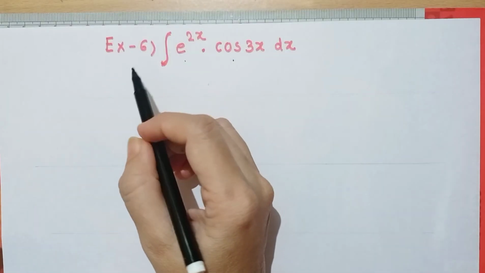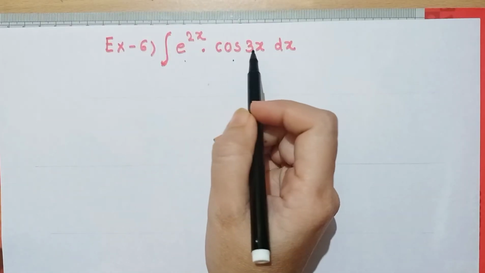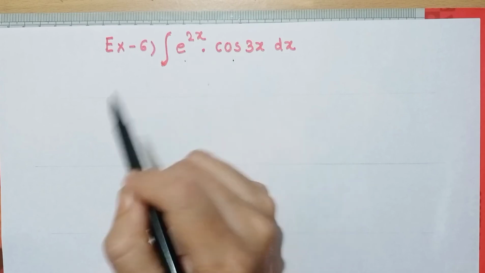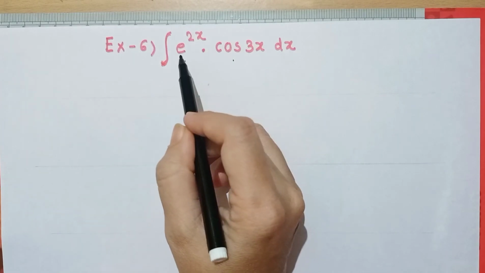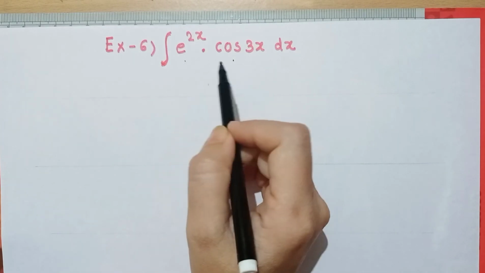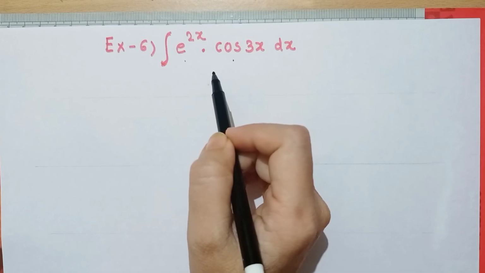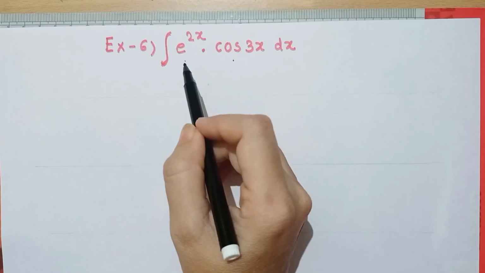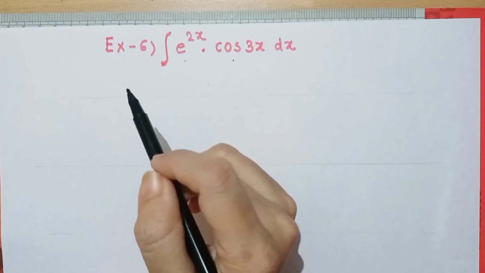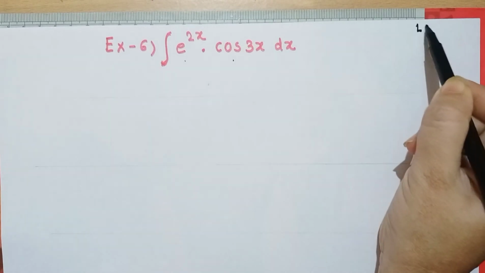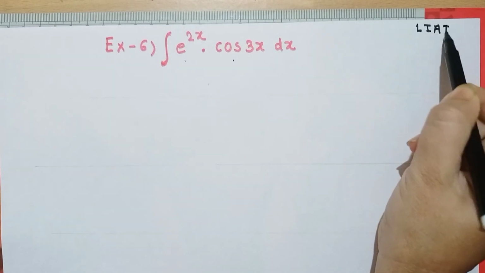This is our sixth example, and now check the integrand. This is product of two functions, and both these functions can be differentiated and integrated. So you can consider any of u and any of v, but we will go by the serial order ILATE.